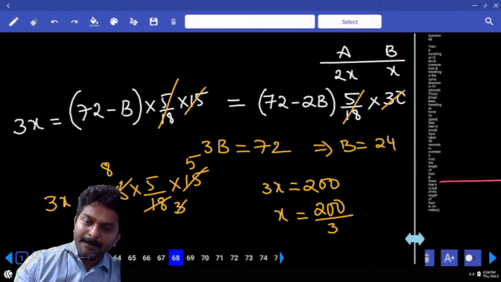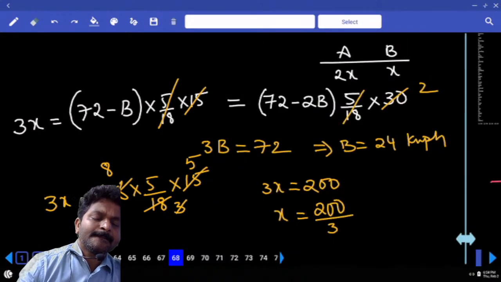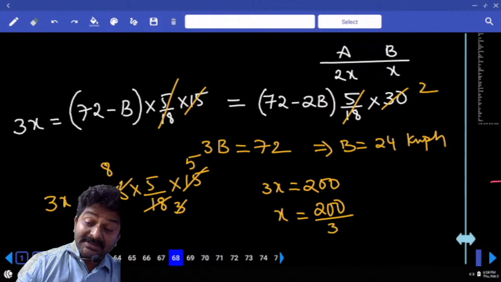Same direction, right? 15 seconds. 72 minus b, 5 by 18. 72 minus twice speed, 30.